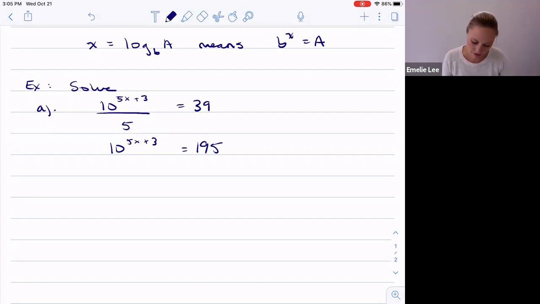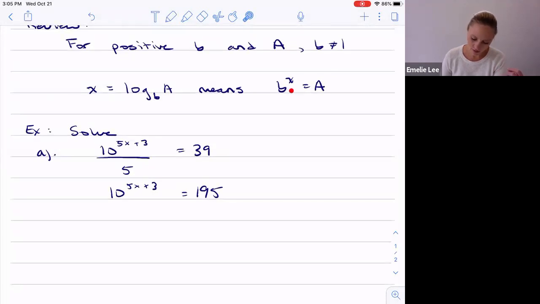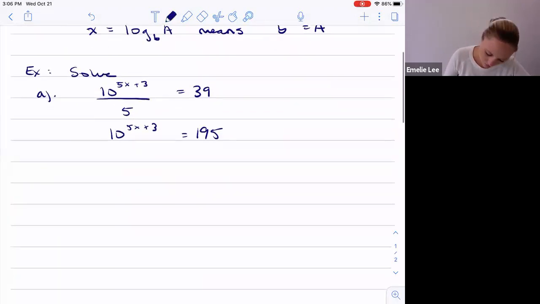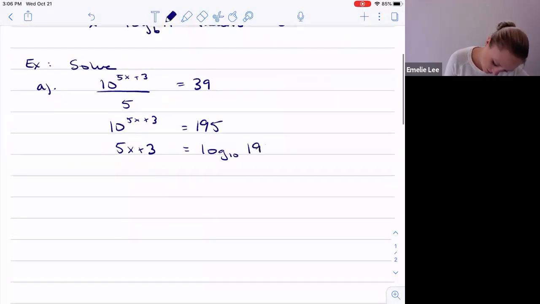Now to drop this x, if we write it in terms of this, our b is 10, so we're working in base 10. Our x is replaced with 5x plus 3, and our a is replaced with 195. So what we have is 5x plus 3 equals log base 10 of 195.